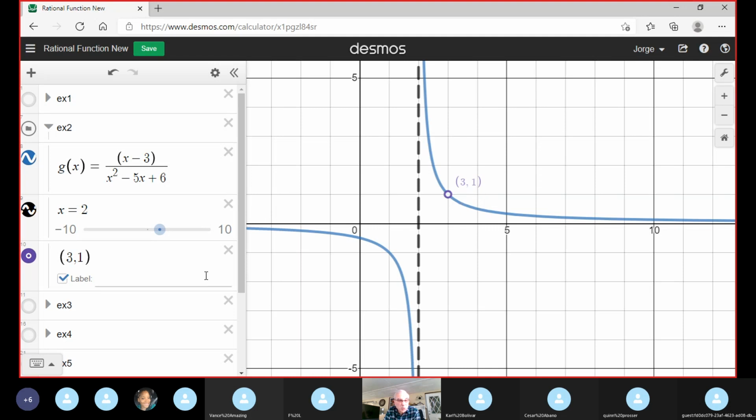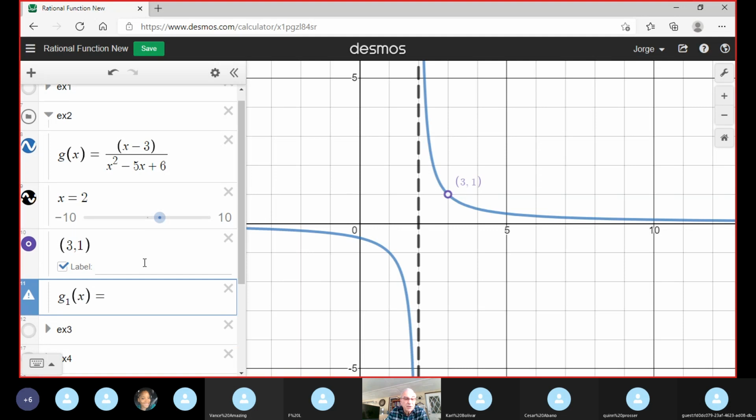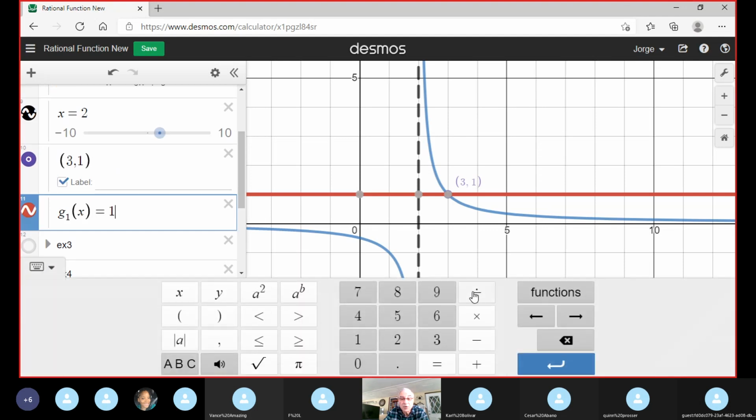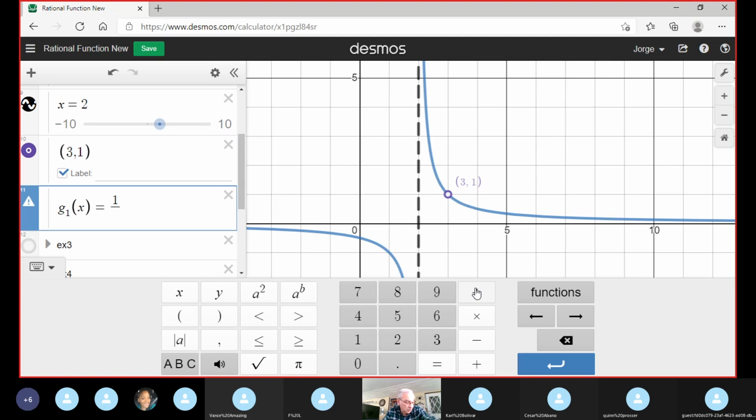Just curiosity, suppose I want to do here the graph of the G1 of X, equal, after the simplification, after X minus 3 is cancelled, in the top we have just 1, division by X minus 2.